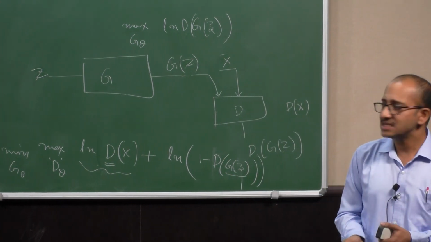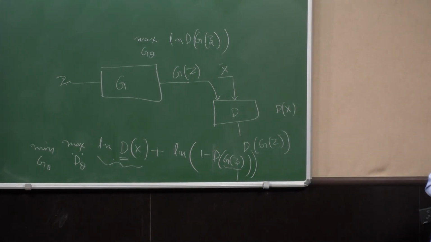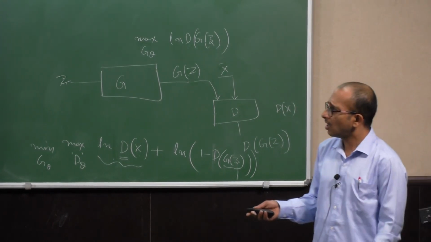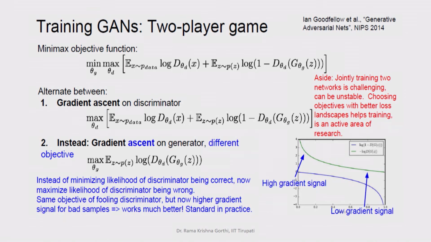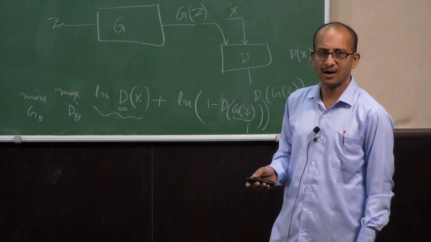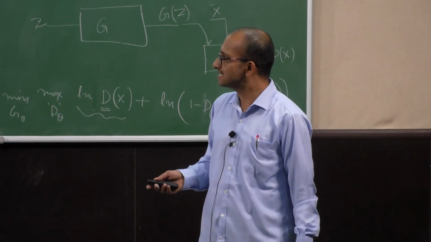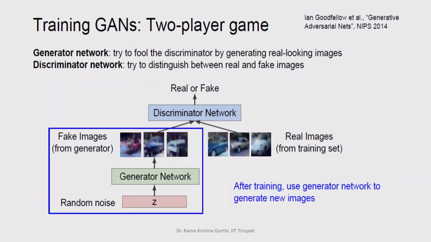This is done in an iterative manner. There are several difficulties, or several aspects, to be taken care of while training GANs, because this is a min-max function. There are two networks which are not directly interacting. After taking care of reasonable aspects of training, one can see that GANs can produce very accurate image synthesis or sample synthesis.